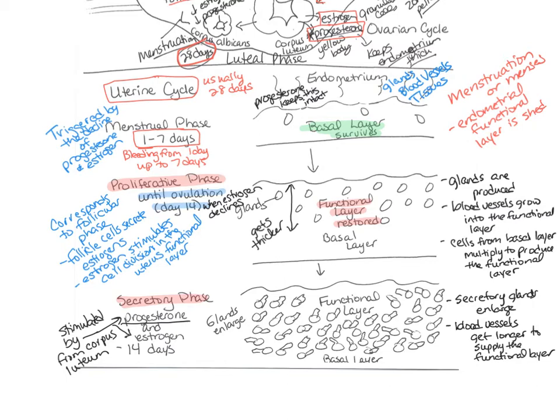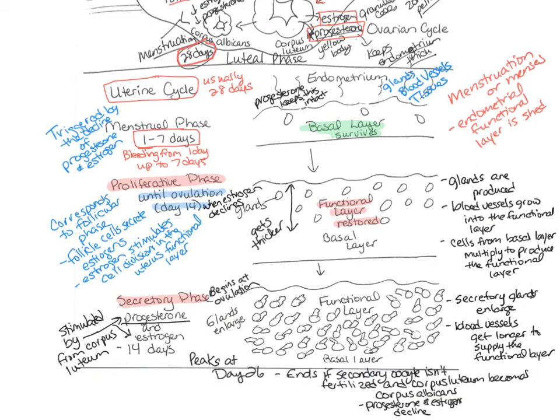The secretory phase begins at the time of ovulation, and it will persist as long as the corpus luteum remains intact and is secreting progesterone and estrogen. The activities of this secretory phase are going to peak at about 12 days after ovulation, which is day 26. If fertilization hasn't occurred, then the corpus luteum degenerates to the corpus albicans, and progesterone and estrogen levels decline.